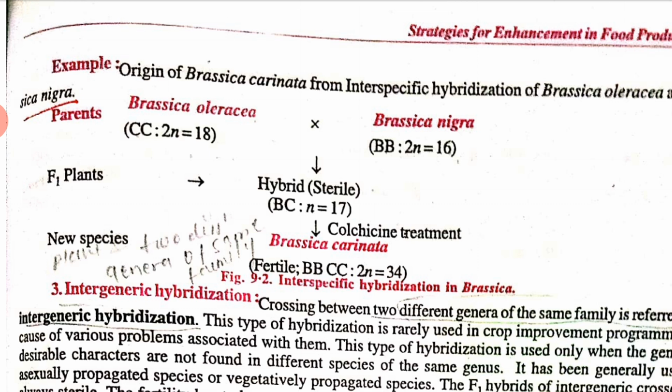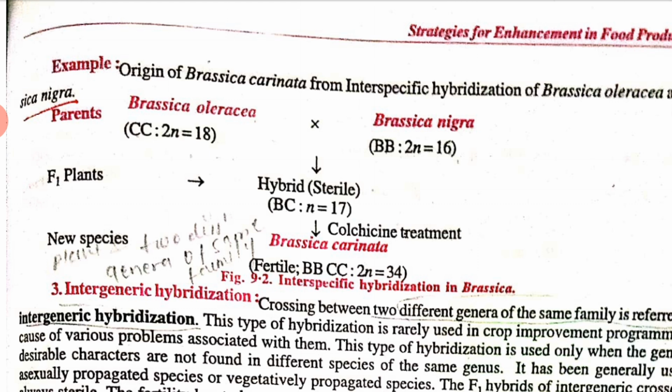Brassica oleracea is CC, 2n = 18, and it is crossed with Brassica nigra, which is BB, 2n = 16. When they cross with each other, our first generation will be a hybrid.